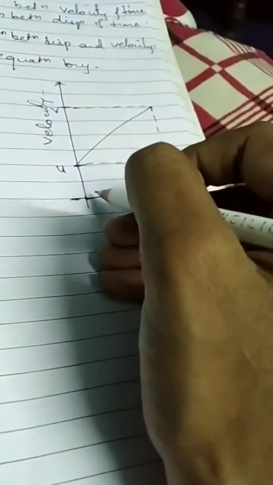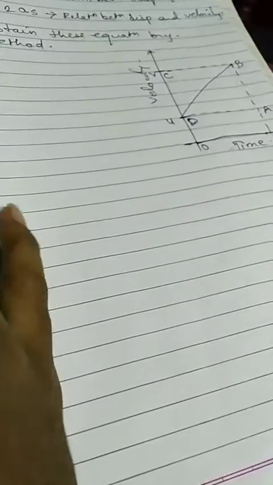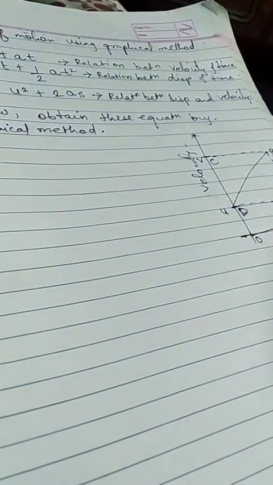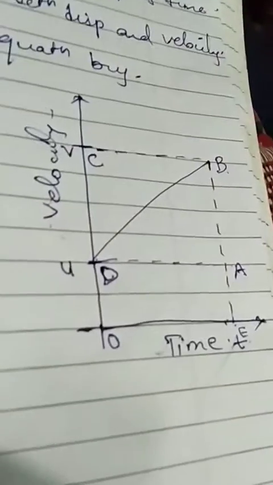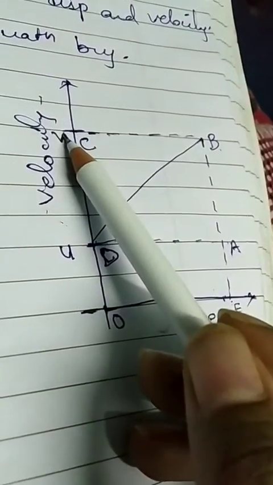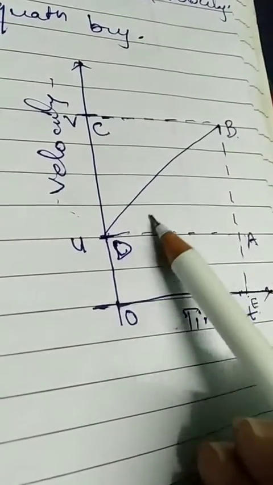Let us consider these to be the points O, D, C, and this be the points E, A and B. Now this graph shows the change in velocity from initial to final in the time t of a uniform acceleration with a straight line.